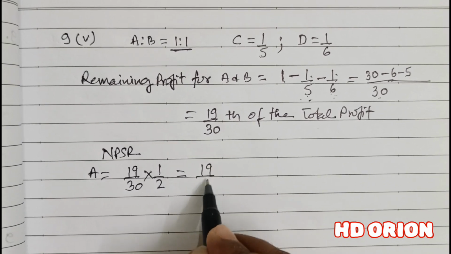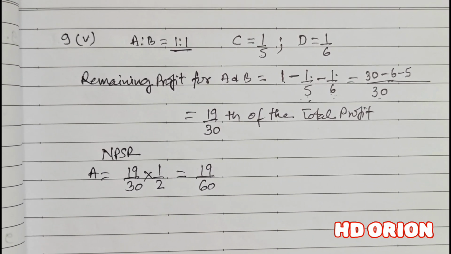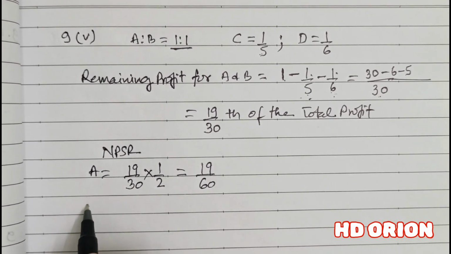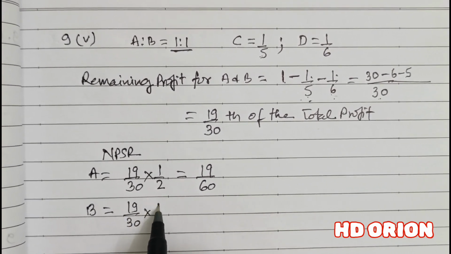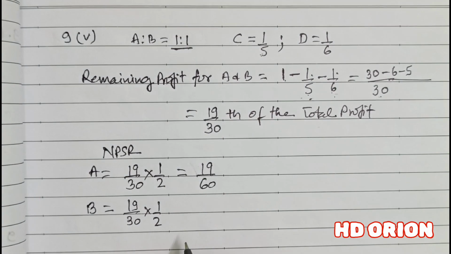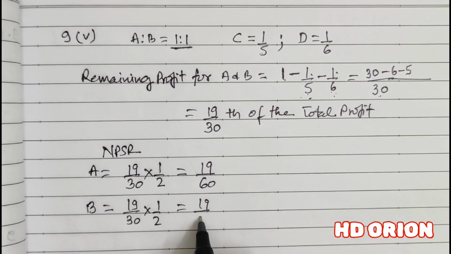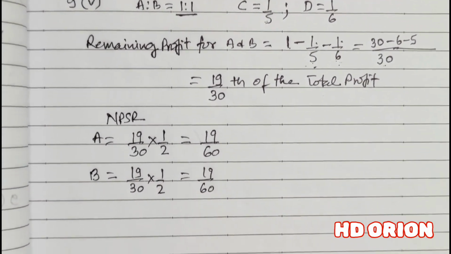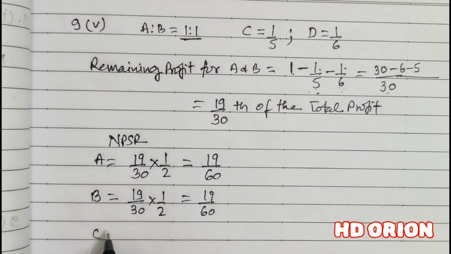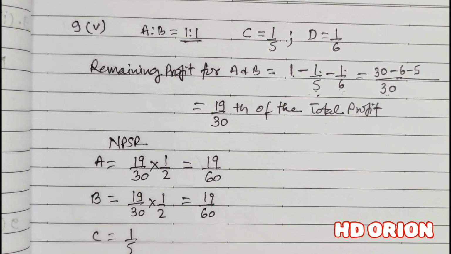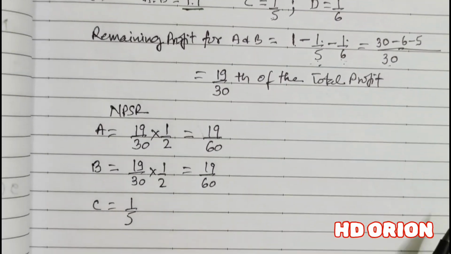So 19 by 60th portion in the profit A will get. B is again 19 by 30 into another half, 1 by 2, 19 by 60. Okay. Now C's portion is how much? 1/5. And D's portion is 1/6.